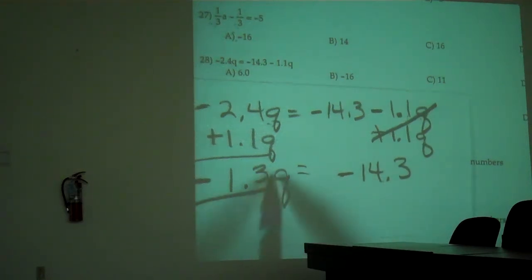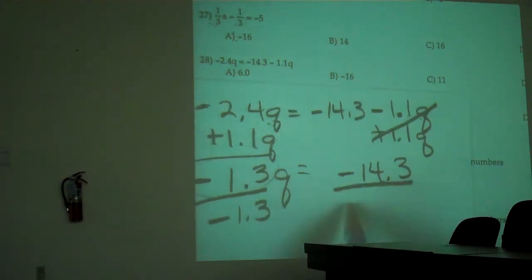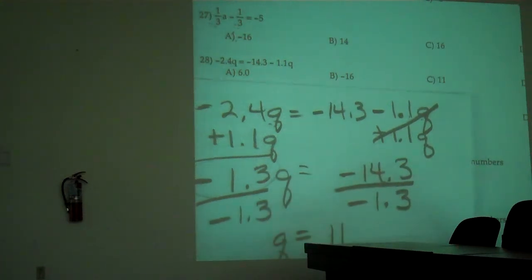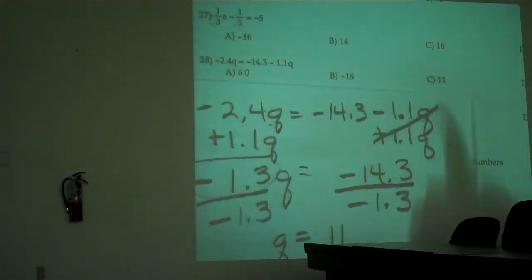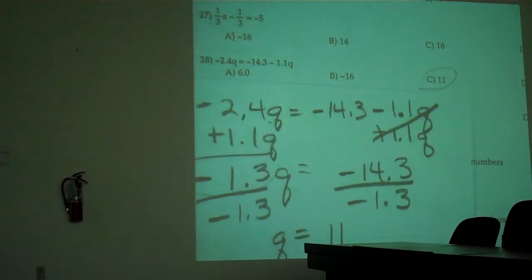So we'll divide by negative 1.3. So q equals 11? Is that right? Okay. So that would be C right there.